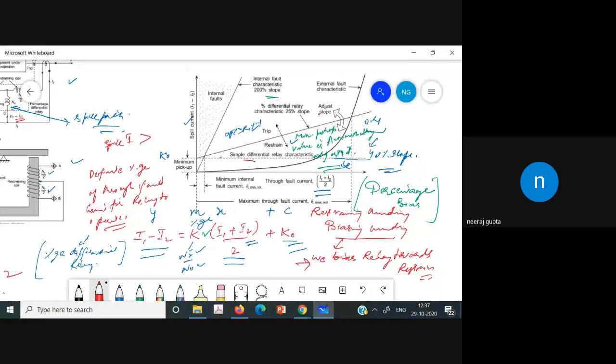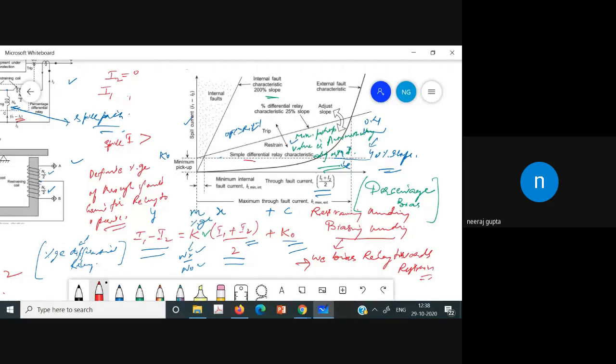In that case, the current I2 will be equal to 0, it will not contribute any current, and the spill current would be I1, because I2 is equal to 0. So we will have the spill current I1 minus I2, so the spill current is I1.